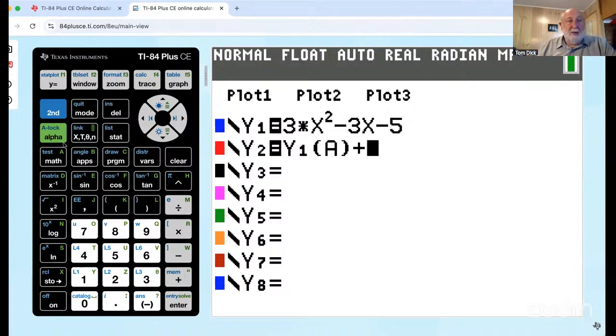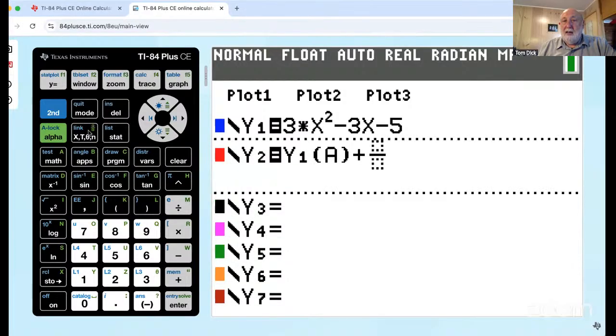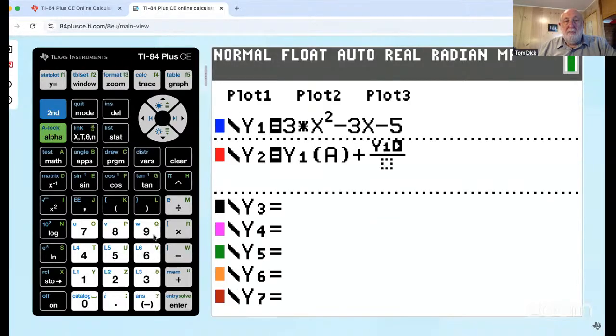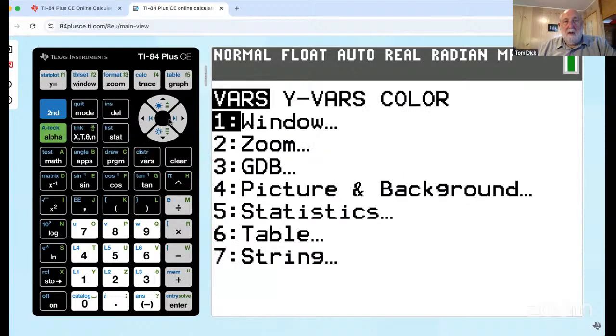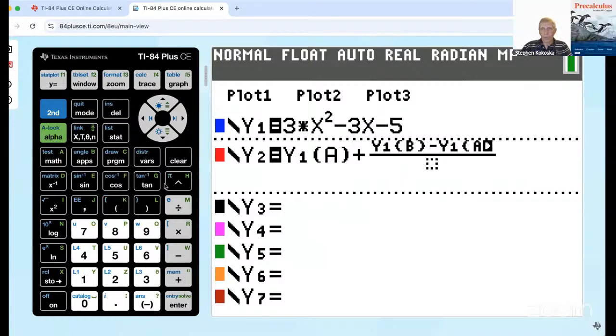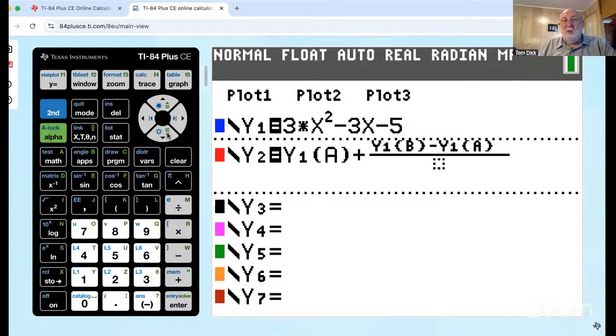So let me do this little fraction: y1 of B minus y1 of A. That's my numerator, the difference in the y values, over B minus A, the difference in the x values.